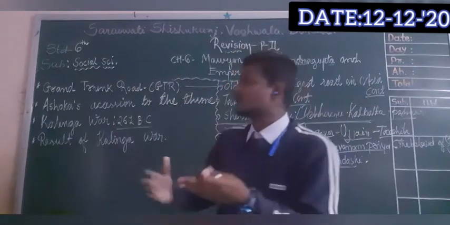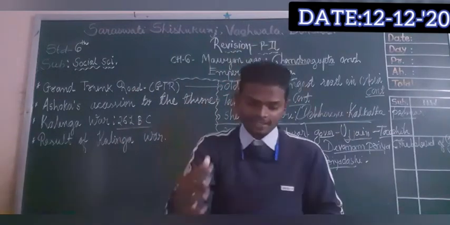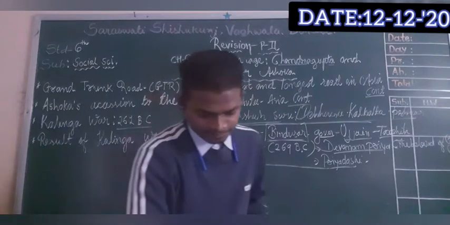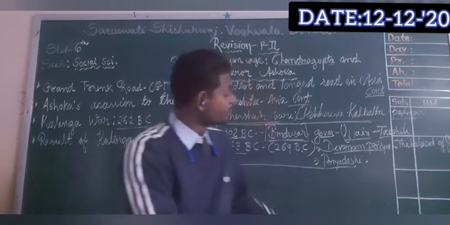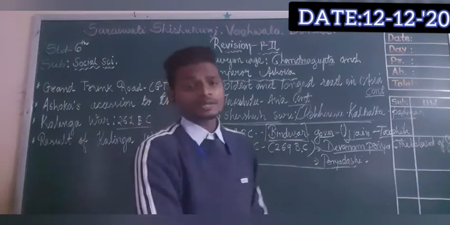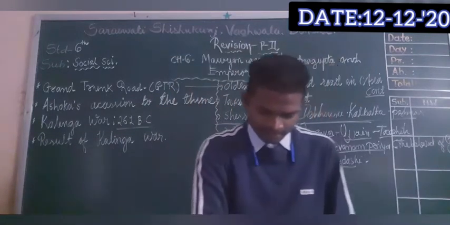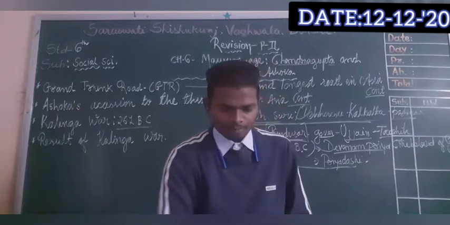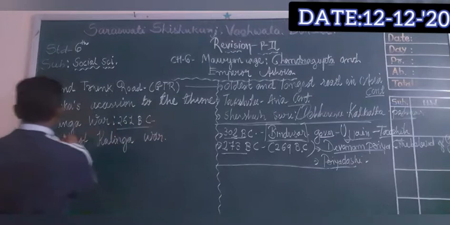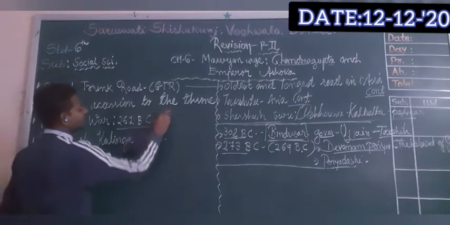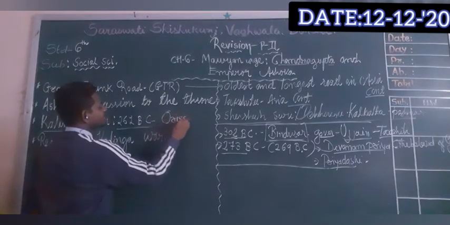And what happened after the war of Kalinga, that we are going to revise. So Ashoka had inherited a vast empire from his grandfather, that we have discussed. But Kalinga, the modern province of Orissa, is situated in Orissa.